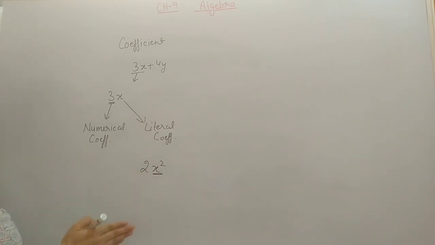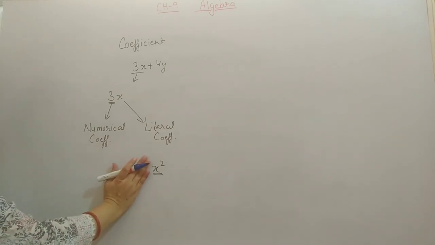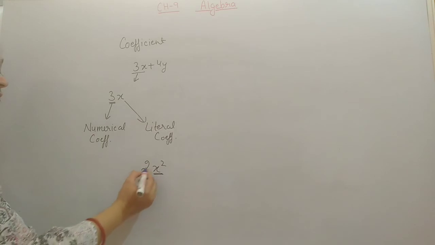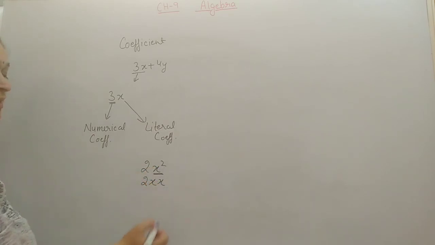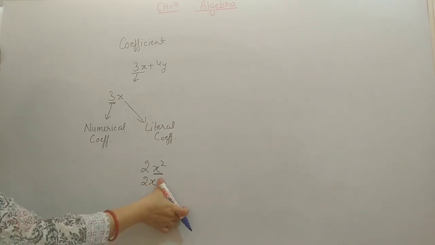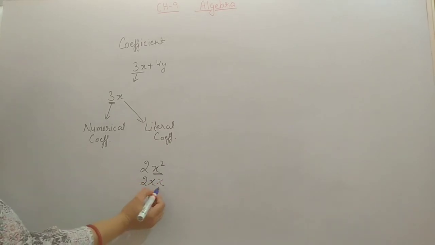And what is the coefficient of 2? Coefficient of 2 is x square. Then in that case we have to hide this 2. Now the coefficient of x: x square we can write as 2 into x into x. So coefficient of x will be, just hide one x, and what is remaining? 2x. This 2x is the coefficient of this x.